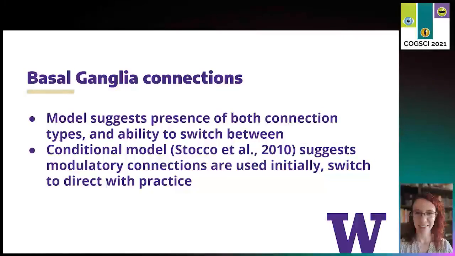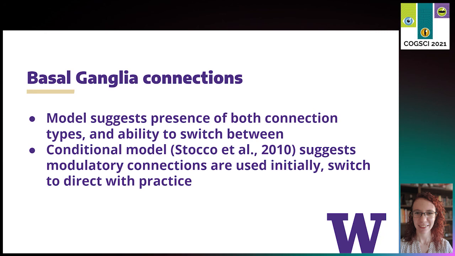And so our big takeaway is that rather than having one or the other system between direct or modulatory connections, the brain is capable of having both connections, and there is some ability to switch between.